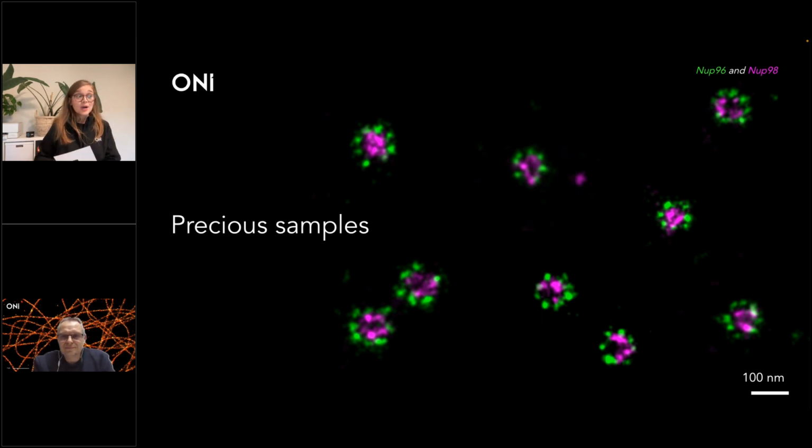Right, and talking about little protein, can you comment on the detection limit of, for example, flow cytometry compared to dSTORM? Yes, so the information is completely different. Flow cytometry will give you information on individual cells, but you cannot see where the proteins are within a cell.